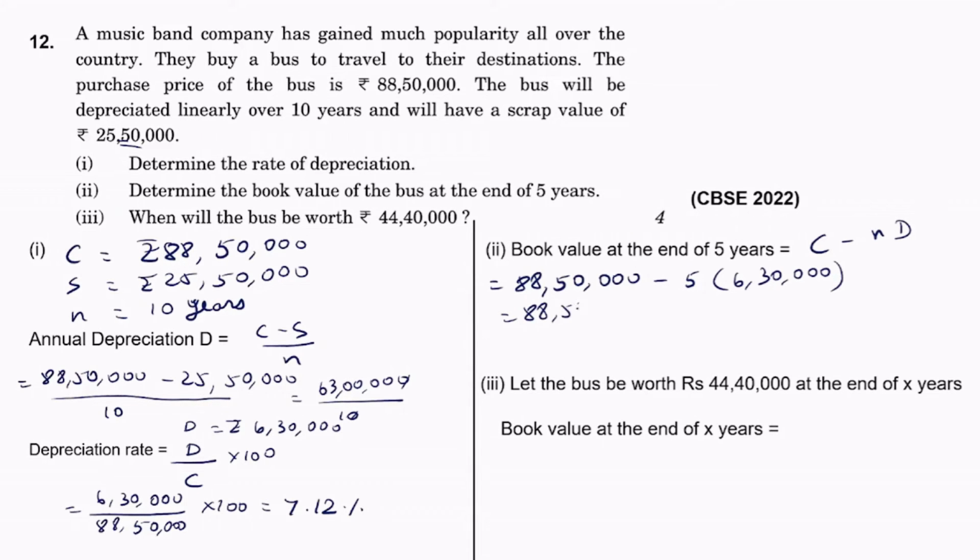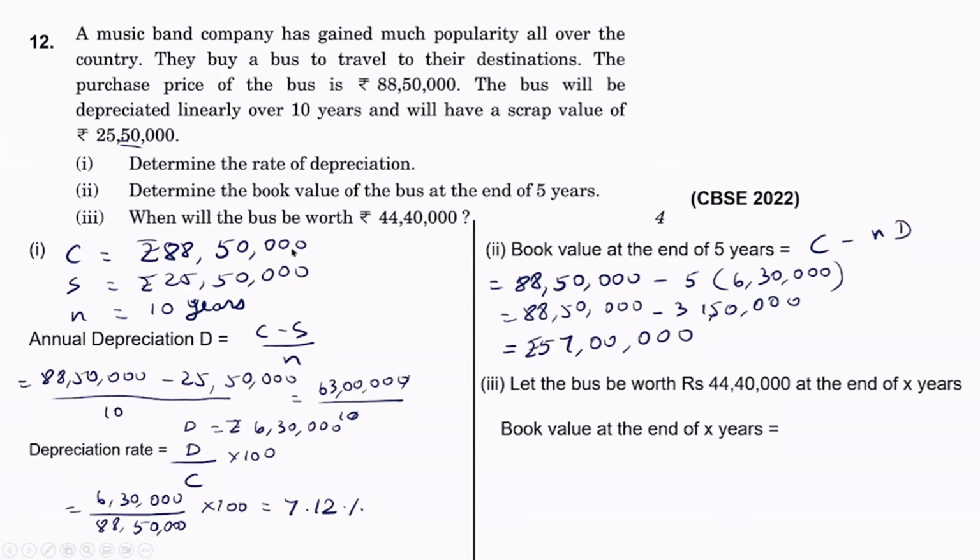So this is 88,50,000 minus 31,50,000. So this is 57 lakhs. So this is the book value of the asset at the end of 5 years. It is rupees 57 lakhs.